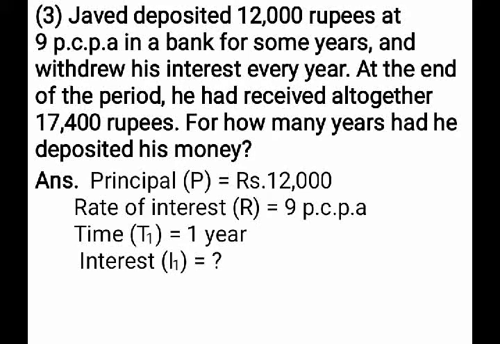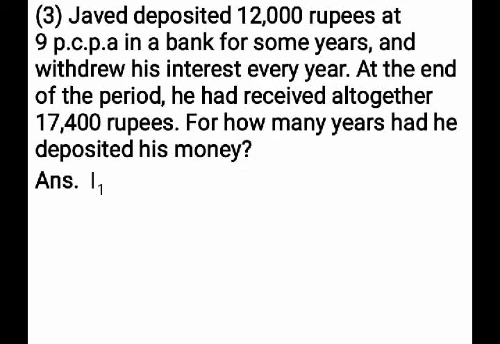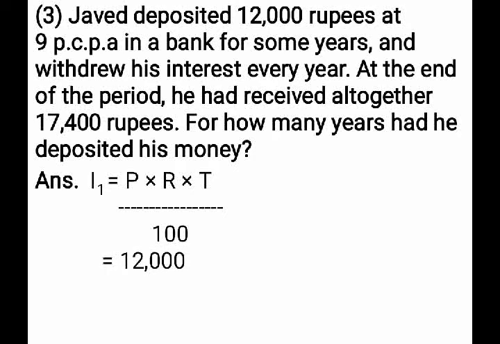You have to use the formula of interest. Interest 1 is equal to principal multiplied by rate of interest multiplied by time upon 100. Substitute the values now: 12,000 multiplied by 9 multiplied by T1, that is 1, upon 100.